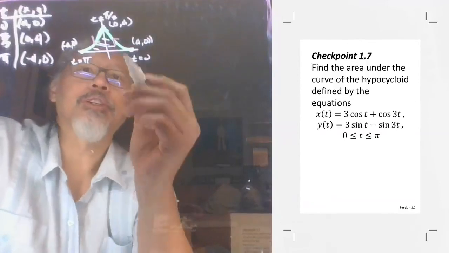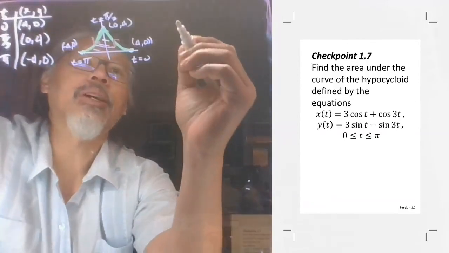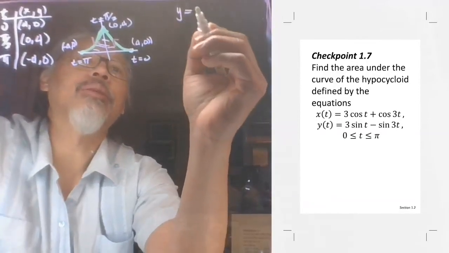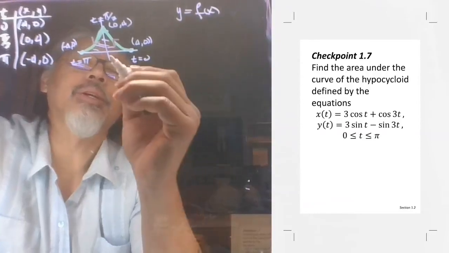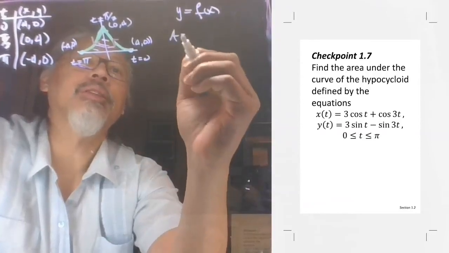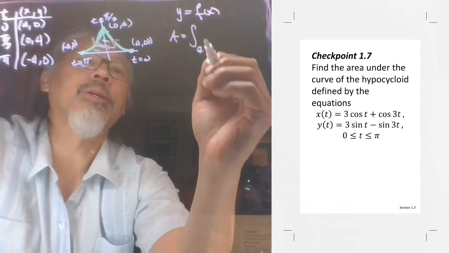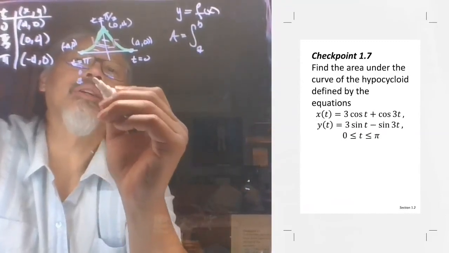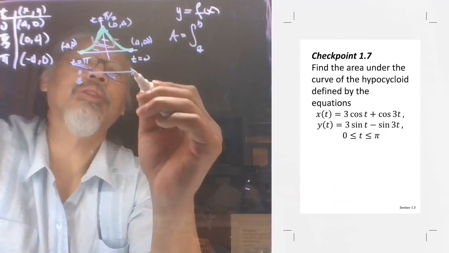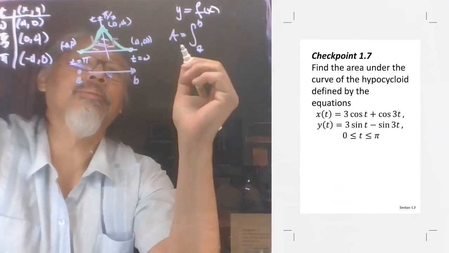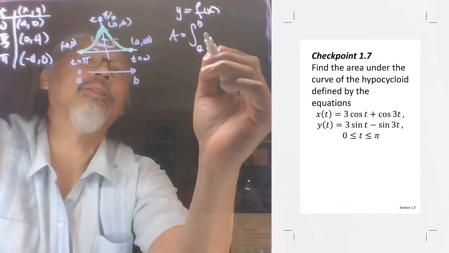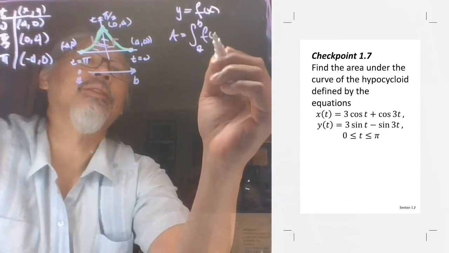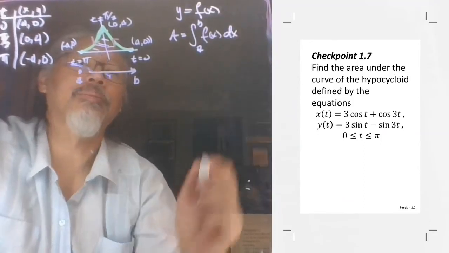If we were able to express this function as y is equal to f of x, then we can say that the area under the curve is going to be the integral from a to b, a being this point over here to b being this point over here, of f of x dx.